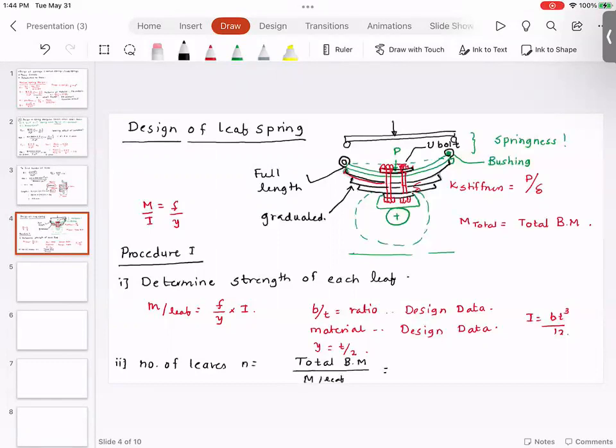And this again comes, the denominator of this equation comes from step 1, and the numerator of this equation comes from the design equation or the design constraints or the strength or the design requirements.